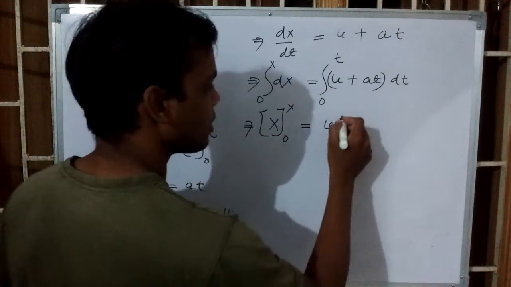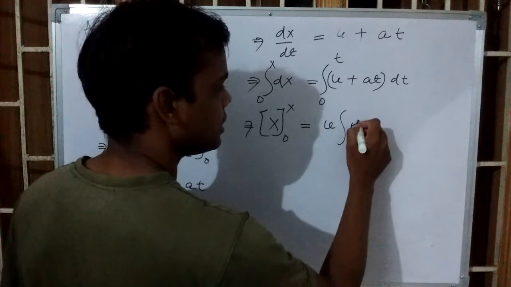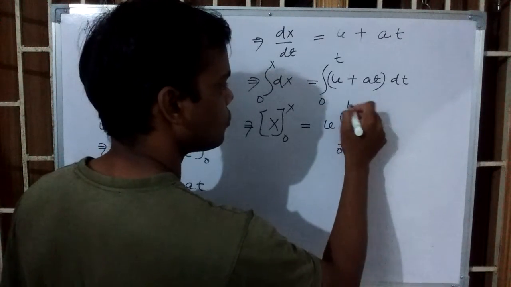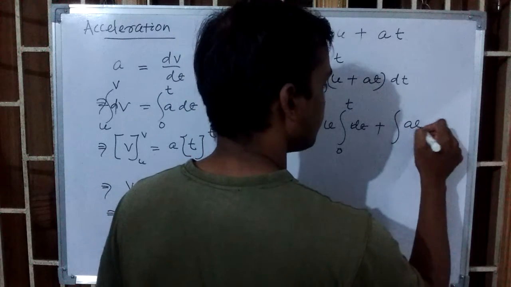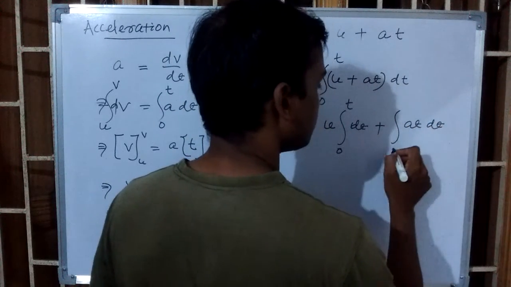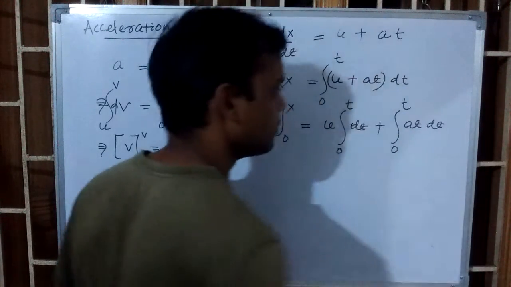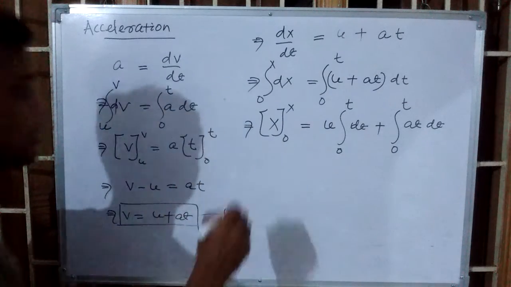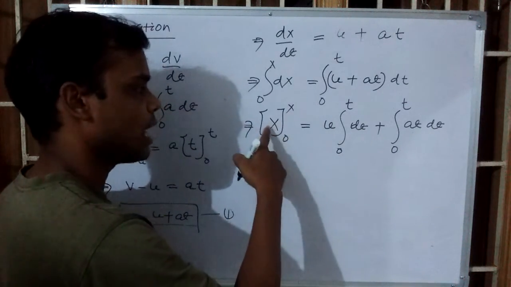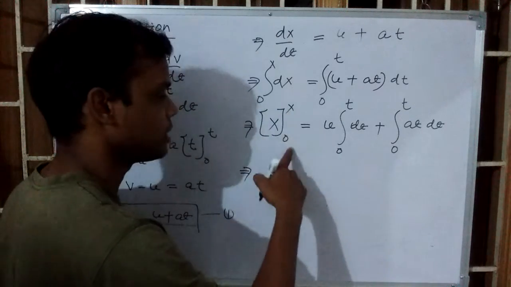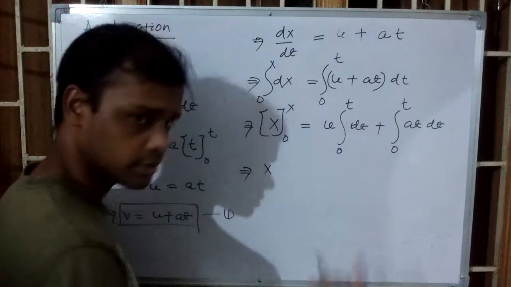This is u dt, its limit is 0 to t, plus the integration of at dt, 0 to t. This implies x at the place of x, first you put x, then 0, so it will be simply x minus 0.